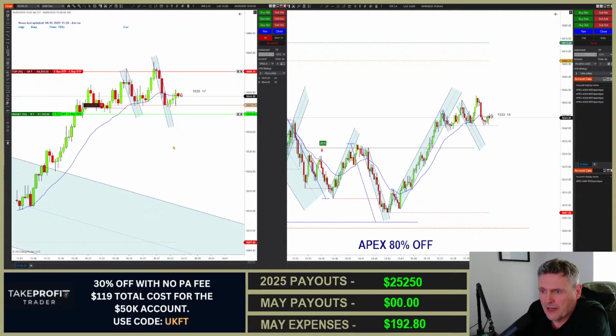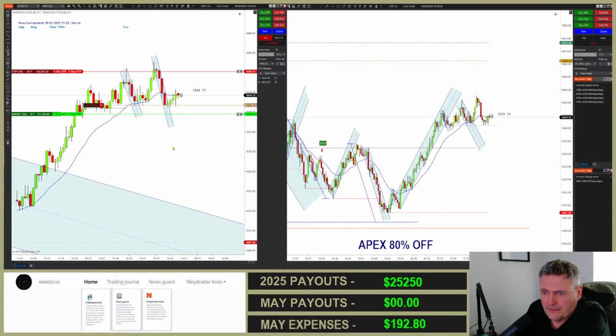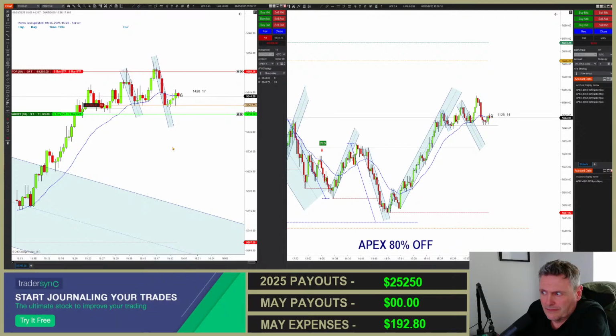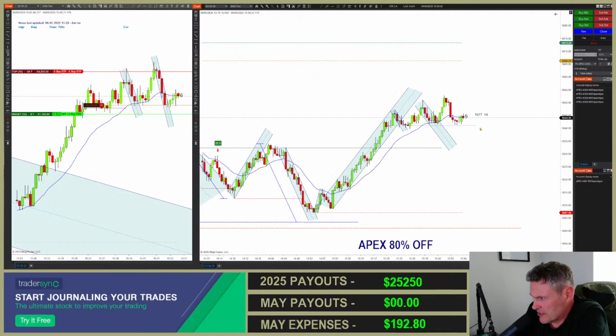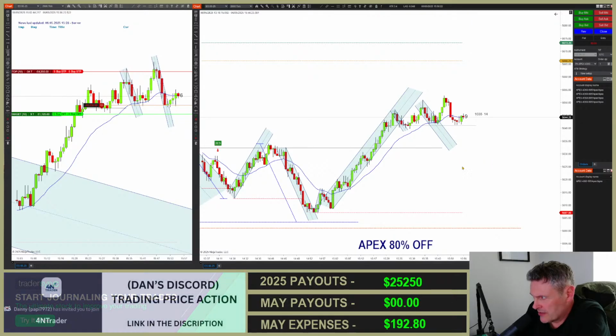You're in the right place. Got a leg down. There's a bullish bar here which is triggered, which is a good sign.